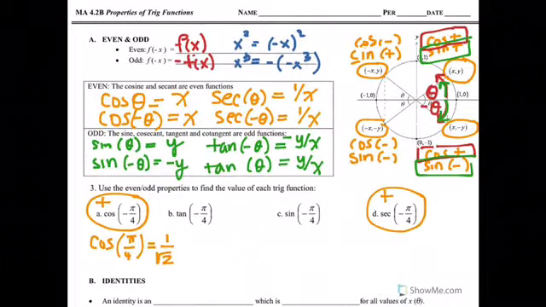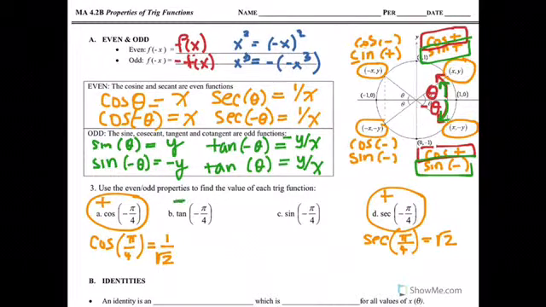Same thing for the secant. The secant of negative pi over 4 is the same as the secant of positive pi over 4, which is the reciprocal of the cosine of pi over 4, and I get root 2. So I can completely ignore the fact that the angles are negative because they are even functions.